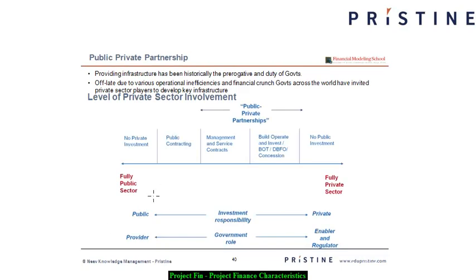Again, going forward, what's also being witnessed is that most of the project finance models are coming up in the form of a PPP, public-private partnership. So essentially, most of the infrastructure projects a few years back were the prerogative of the government. So, for example, let's say to build a road, the government would build the road and give it to you.